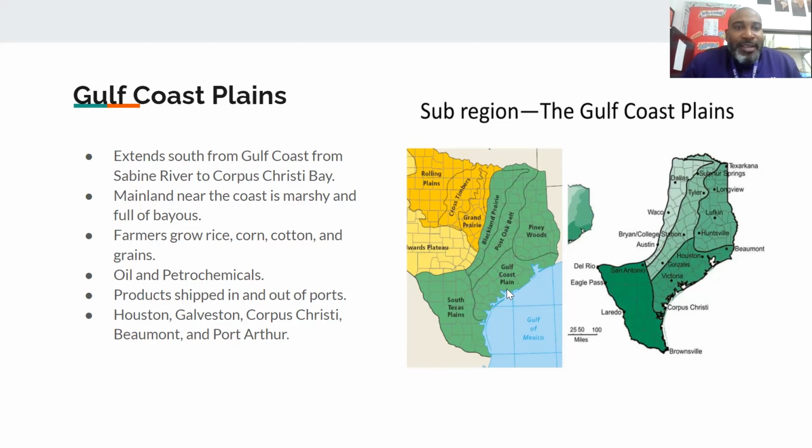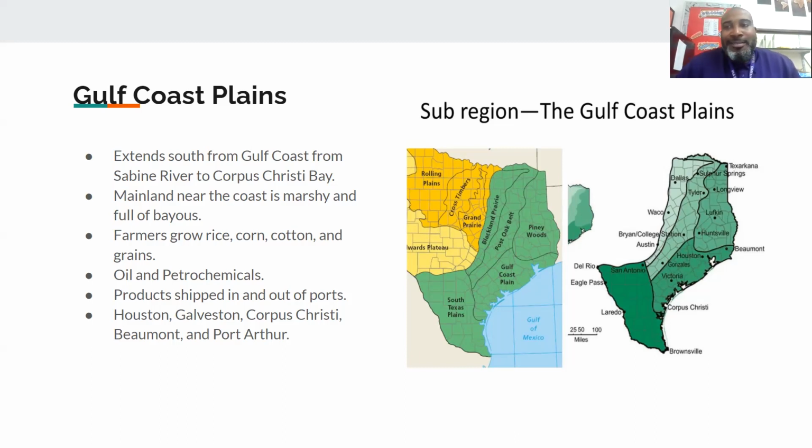It's mainly near the coast and it's marshy and full of bayous. The farmers in the Gulf Coast Plains grow rice, corn, cotton, and grains. It's heavy on oil and petrochemicals. Products are shipped in and out of the ports. This is one of the most heavily populated areas.